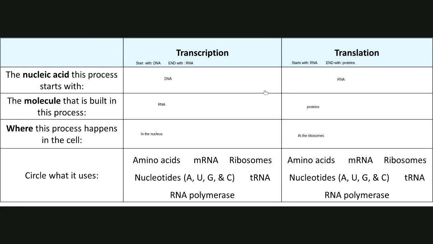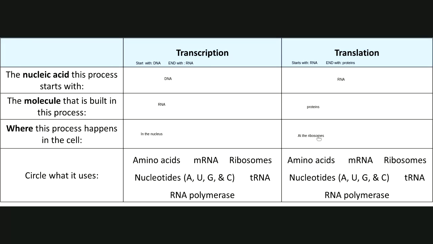So for the process of transcription, we started with DNA, we ended with RNA, and we did this inside the nucleus. When we talk about the process of translation, we started with RNA, we ended up building proteins, and the place in the cell that I do this is at those organelles called ribosomes. Does that make sense so far? Yes, it does.